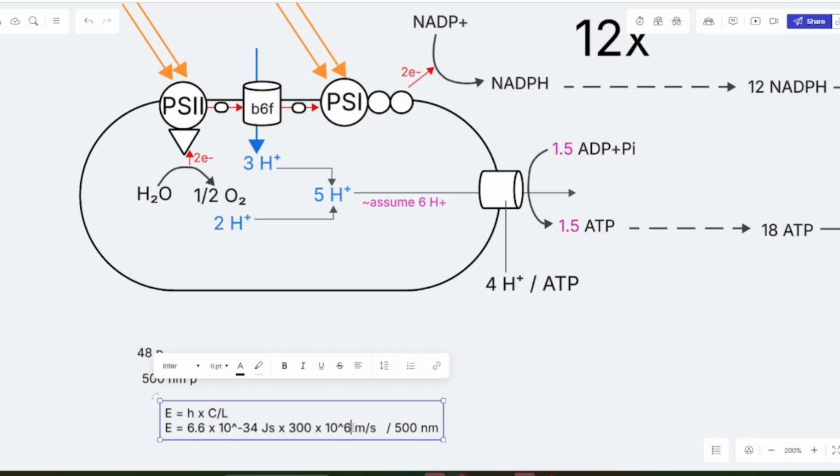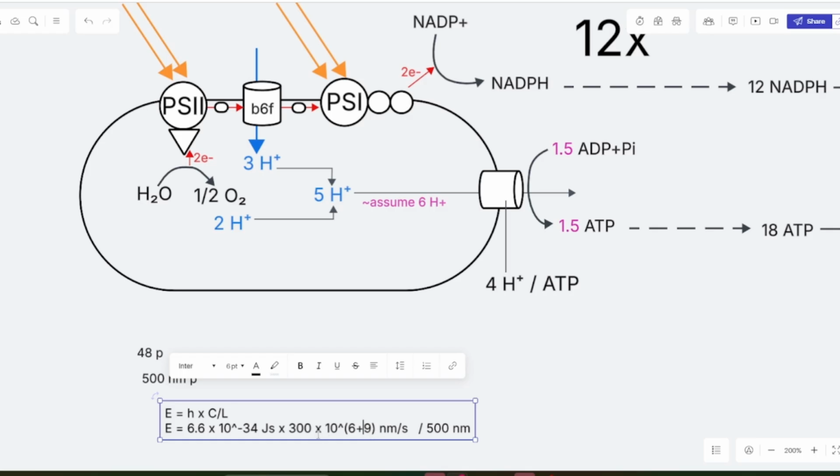There's 1,000 micrometers per millimeter, and then there's 1,000 nanometers per micrometer. So we have 1,000 times 1,000 times 1,000. That's 1 billion. So that's another 9 zeros to add, right? And now we are in nanometers.